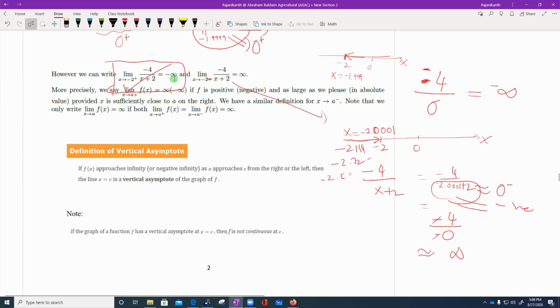Okay, so now we got two different answers, am I right? From the right side, you got negative infinity. From the left side, you got positive infinity. These two are different values, am I right? Okay, therefore, what do you think about the limit as x goes to -2?